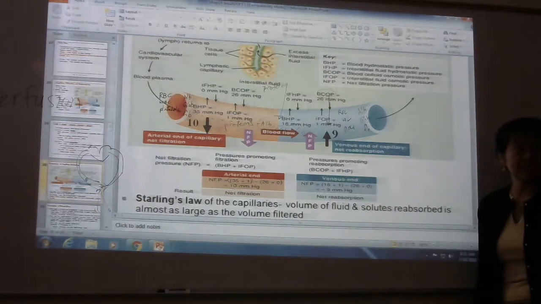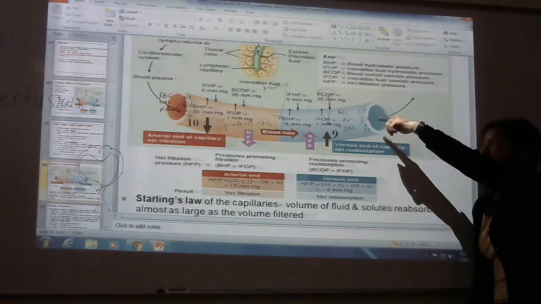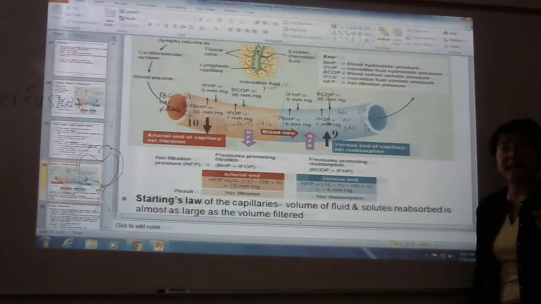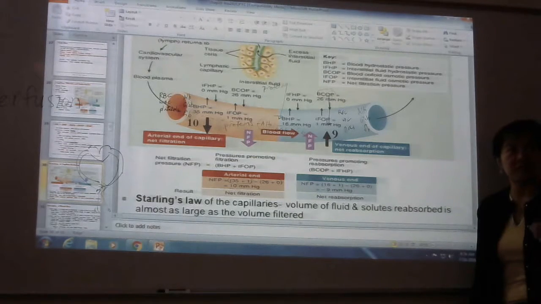Do you understand? That's why people with ascites, you understand ascites is fluid in your belly. These proteins are made by your liver. So when you eat your steak or your protein, you digest them into amino acids.